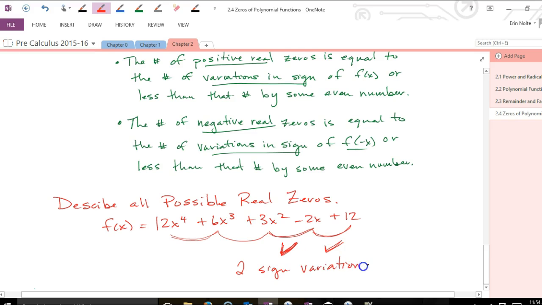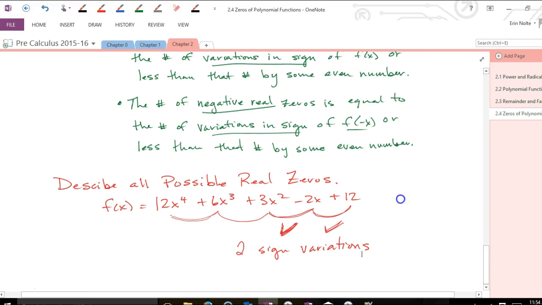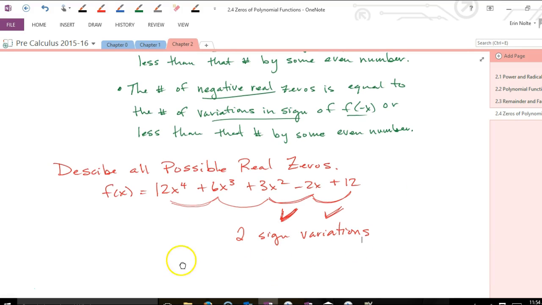And what that tells you is how many positive real zeros there could be, and they must be in sets of 2. So if I see 2 sign variations, that tells me that there could be 2, or what's 2 less than 2? 0.